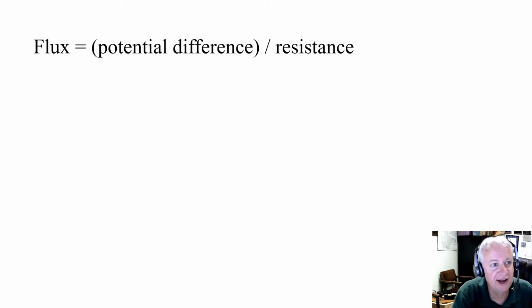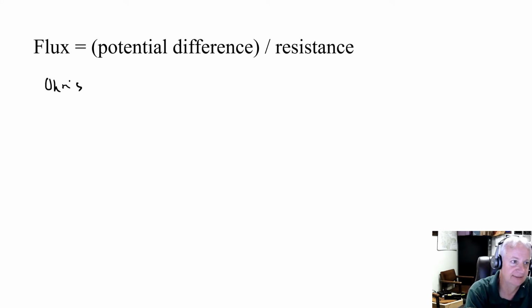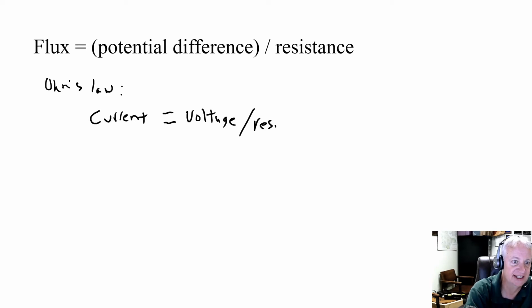Now, a really important concept for modeling and understanding water flow in plants is this Ohm's Law analogy. Now, Ohm's Law is an electrical concept, but Ohm's Law basically says that the current in a circuit equals a voltage difference divided by the resistance in that circuit.